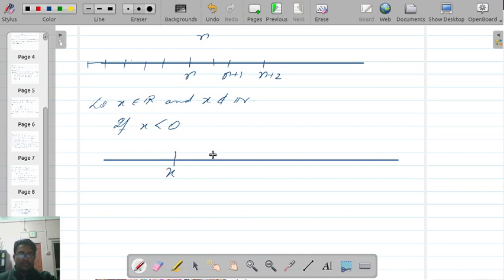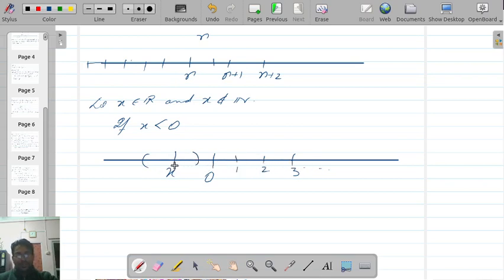Say x is somewhere here, 0 is somewhere here, and these are 1, 2, 3 like that. Then which interval can I take so that the epsilon neighborhood is such that it doesn't contain any natural numbers?